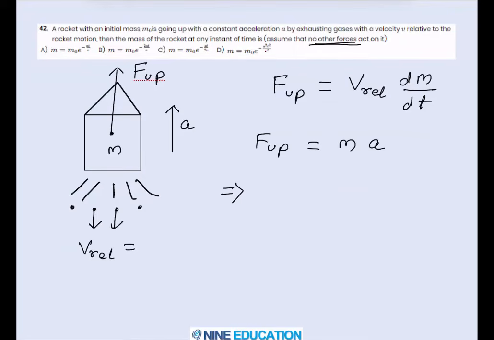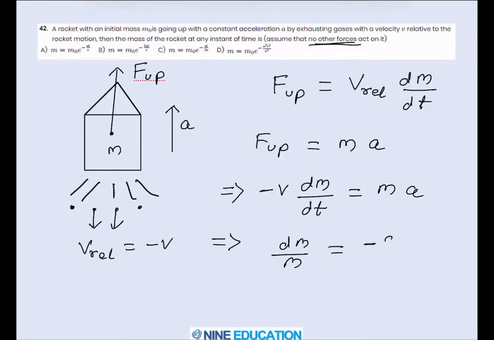Why minus v? Because the particles are going in the negative direction. Right? So this will become minus v into dm by dt is equal to m into a. Okay. Now, if I go for variable separation, I will get dm by m is equal to minus a by v into dt.